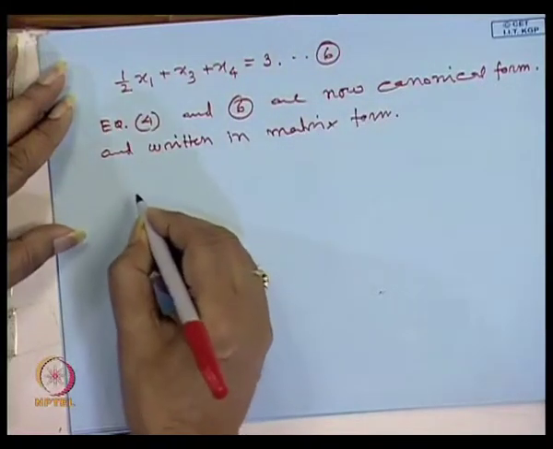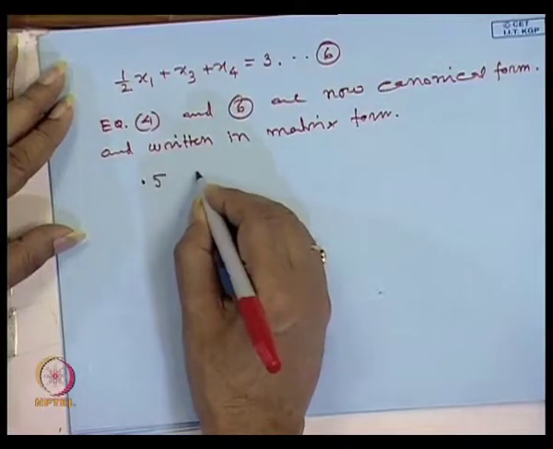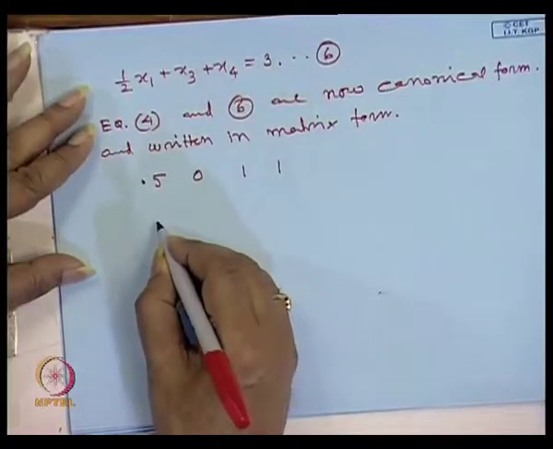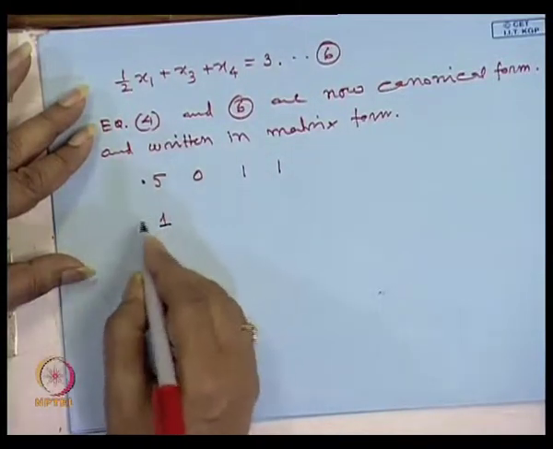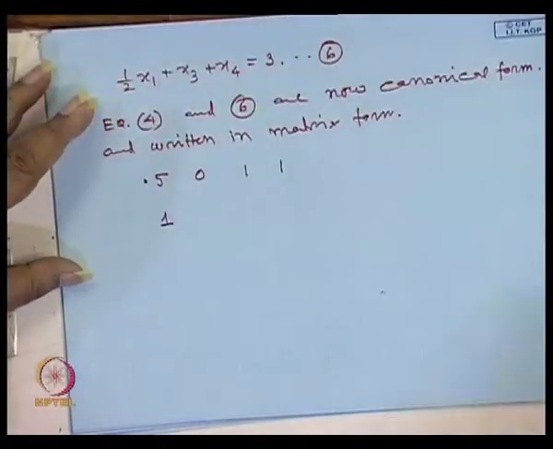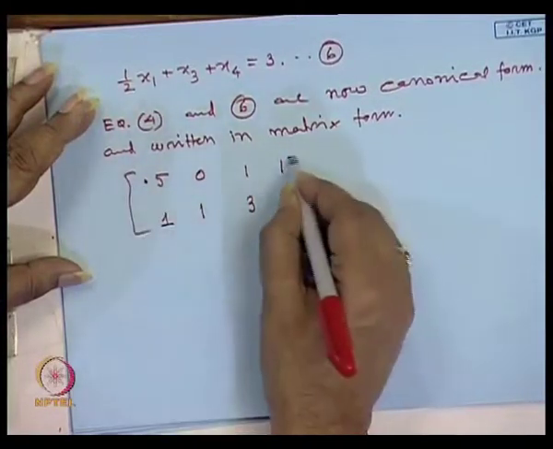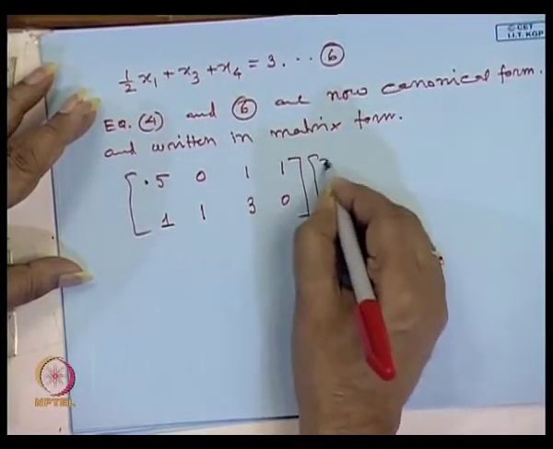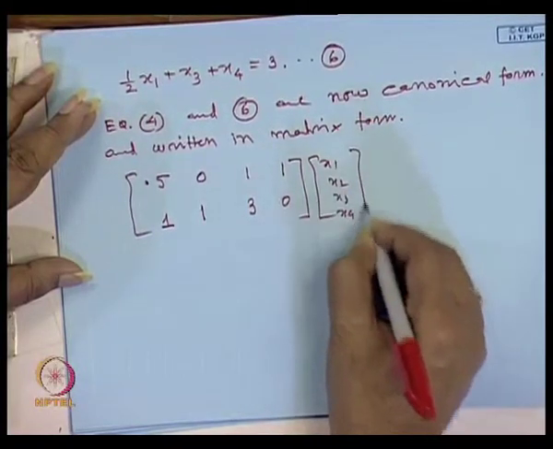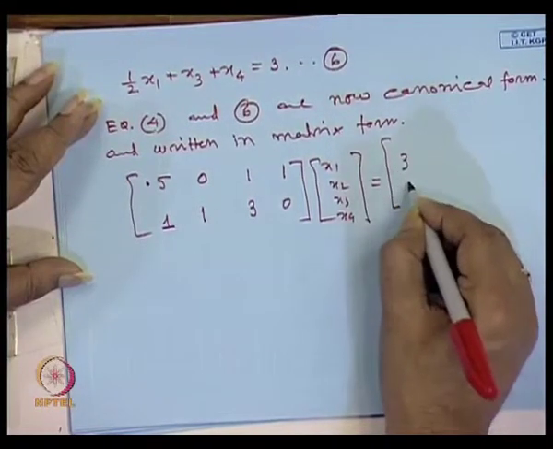So our equations, now in canonical form, are written in matrix form: 0.5, 0, 1, 1 and 1, 1, 3, 0, times x 1, x 2, x 3 and x 4, is equal to 3 and 9.